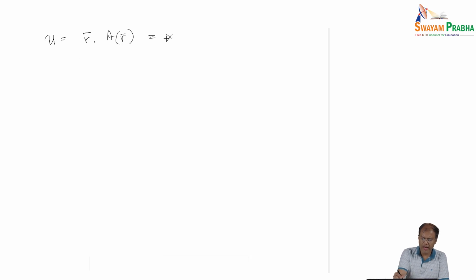So this is going to be R dot with A of R. So this is X dot AX of R plus Y dot AY of R plus Z dot AZ of R, right?